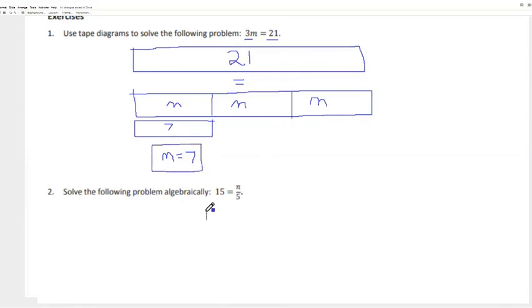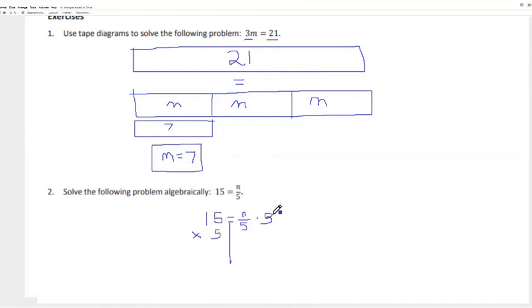All right, the next one, hopefully you have this done algebraically, which means I have division going on right now. So I cut this on both sides, and of course this is division, so I want to multiply. We want to use the dot because we're using a variable. So I'm going to use the dot for multiplication. So dot 5, so we're going to multiply by 5. And this side I'm also going to multiply by 5.